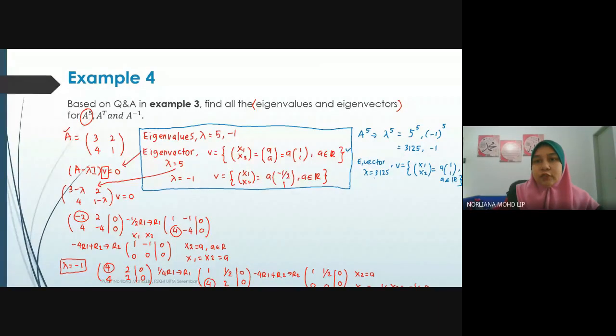And the eigenvector for lambda equal to negative 1 equals this one. Just copy it. This is for the power.